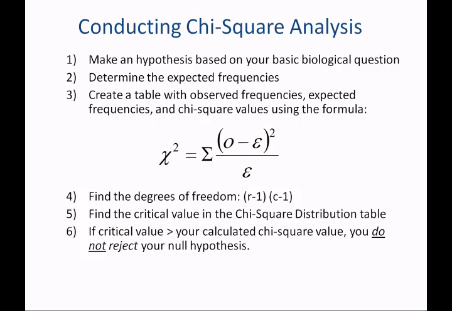So you use that value and the degrees of freedom to find the critical value in the chi-squared distribution table, and then you compare the critical value with your calculated chi-squared value, and if the critical value is greater than your calculated value, you don't reject the null hypothesis, so you conclude therefore that there's no effect.